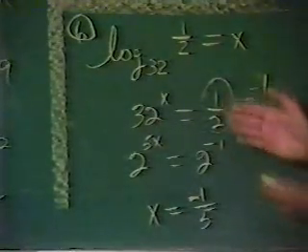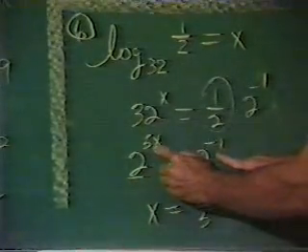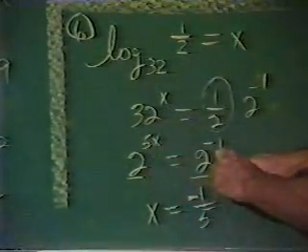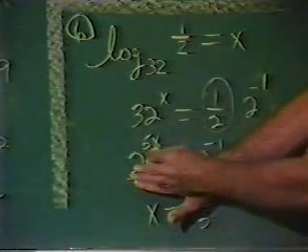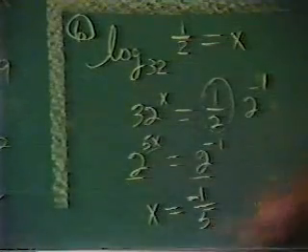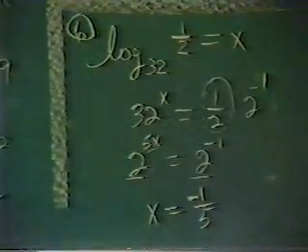All right. Then that changed now to the same base, and therefore 5x is equal to minus 1. Since 5x is equal to minus 1, dividing both sides by 5, we get the answer x is equal to minus 1/5.